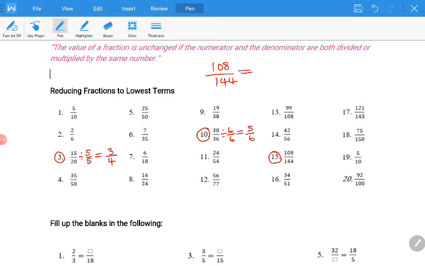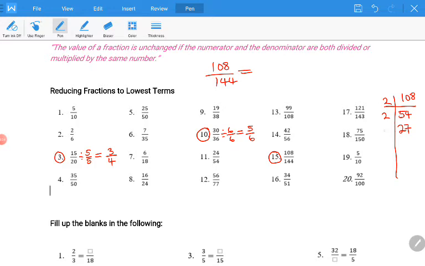108 we break down. We look for the smallest number that can get into 108. That's 2. 2 into 108 gives us 54. Then the smallest number that gets into 54, 2 into 54, gives us 27.